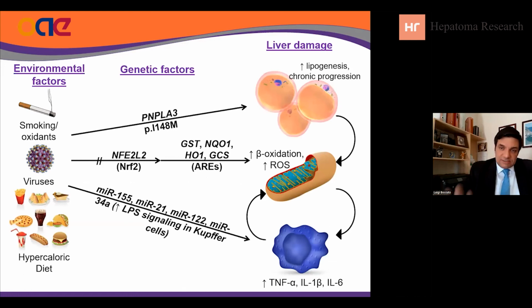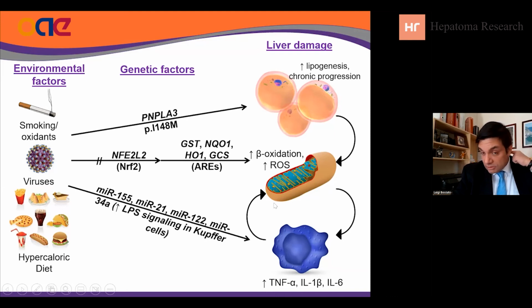But these were just examples. In reality, the interaction between genetic factors and environmental factors is way more complex. And we have genes like the PNPLA3 that have a specific and straightforward role in promoting lipogenesis and chronic progression. We have genes that have a more articulated role in interacting with environmental factors promoting oxidation.